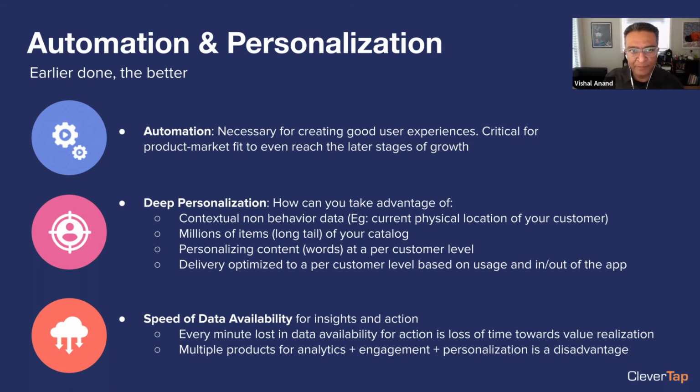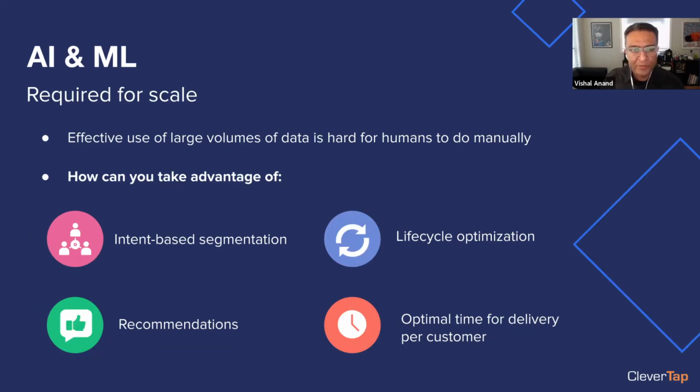Next slide, please. So just as with automation, to scale, you also need support of AI/ML for effective use of the large volumes of data which are getting generated these days. It's hard for humans to do it manually. Some of our existing features already support this out of the box. If you're chasing conversion goals, you should use intent-based segmentation, for example.